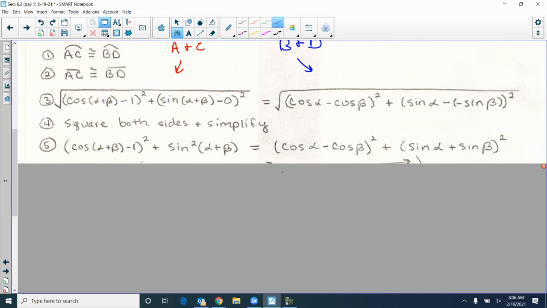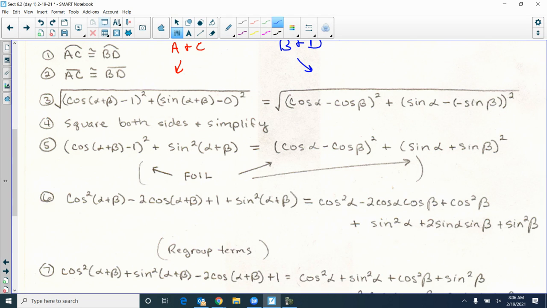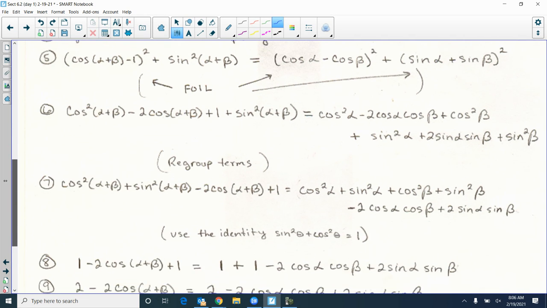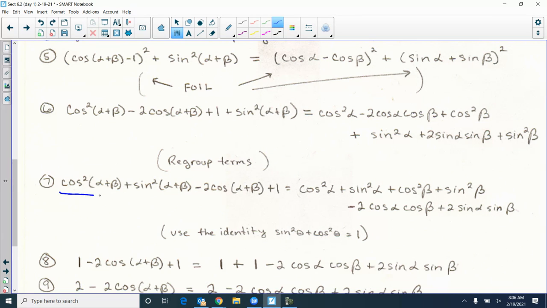After that, you go through and you FOIL, and then you combine. And if you notice here, cosine squared plus sine squared always equals what? 1. So that whole thing becomes a 1.